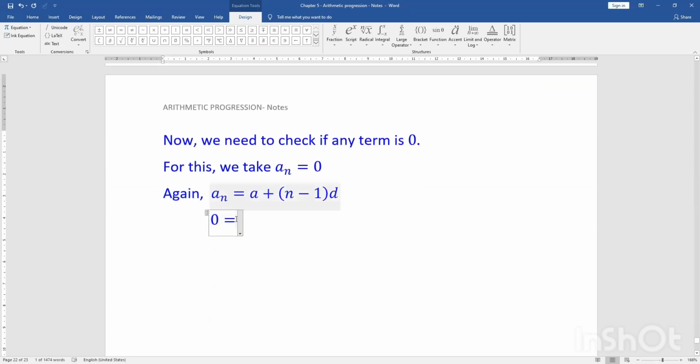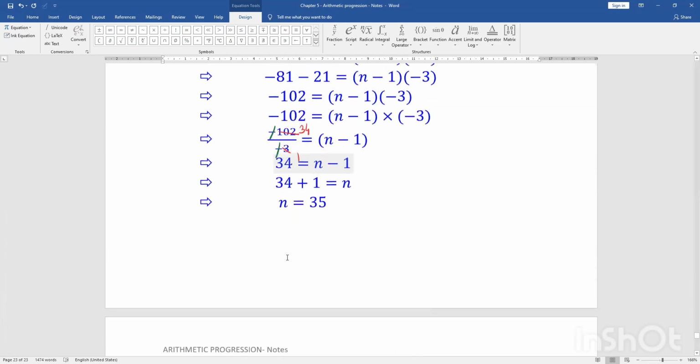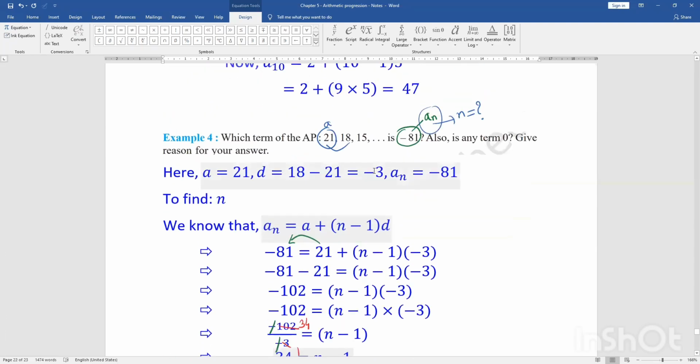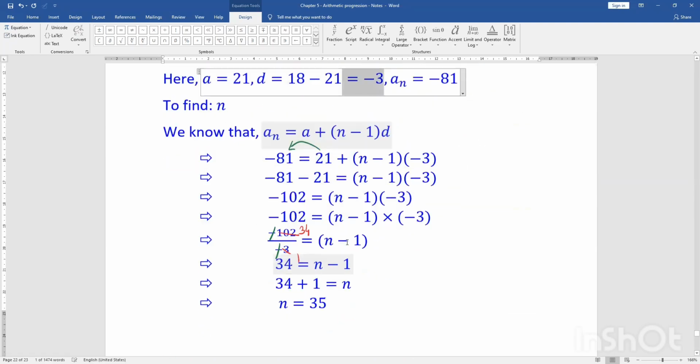So let us write that first term, 21, plus (n minus 1) into d. You know the value of d. What is the d value? Minus 3. Where we got minus 3 is here, right? D is minus 3. Correct, children? So we have d as minus 3.